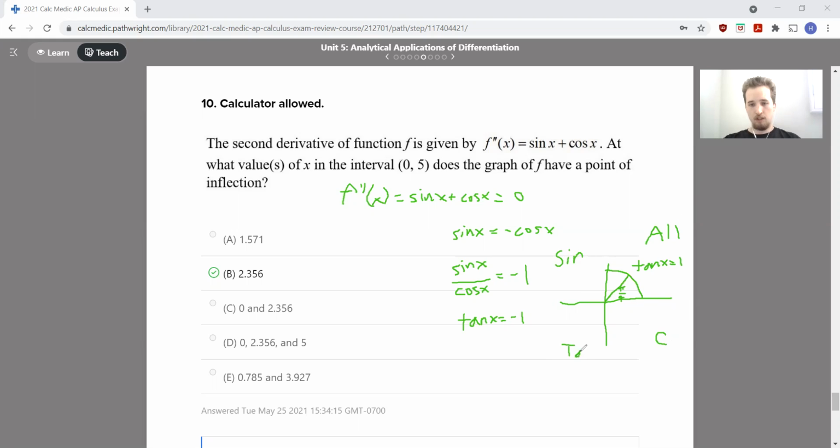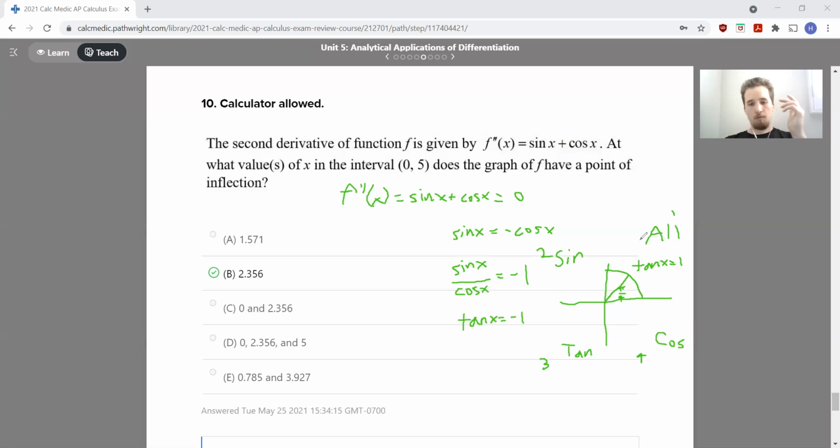T means only tangent of the three is positive in the third quadrant. And C means cosine, only cosine of sine, cosine, tangent is positive in the fourth quadrant, right? We got quadrant 4, quadrant 3, quadrant 2, quadrant 1.